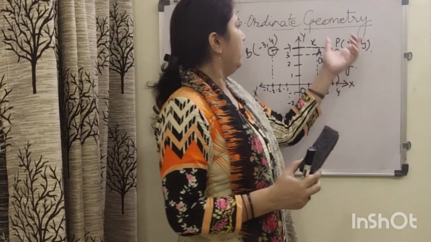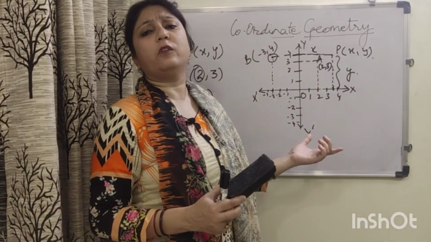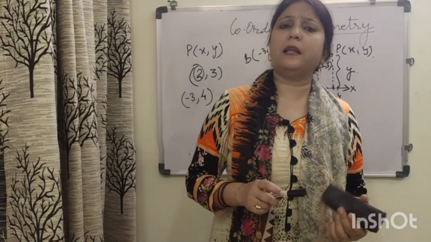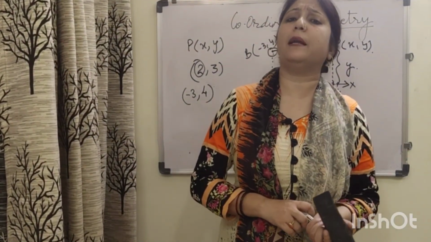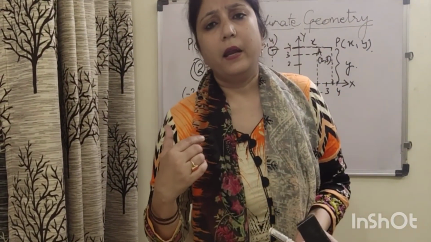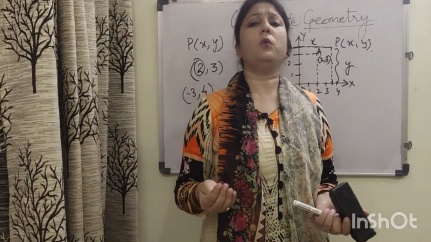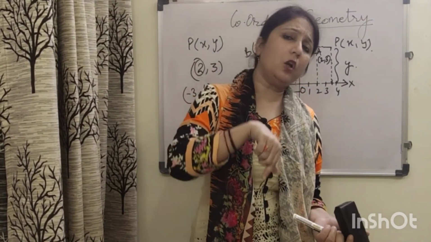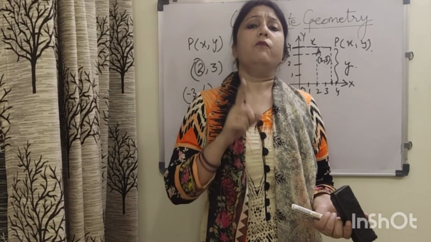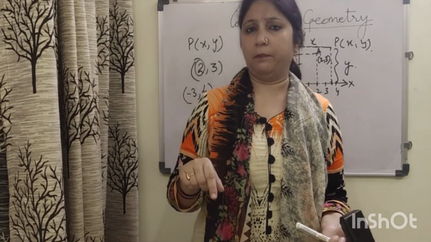Coming to this rectangular axis system, we can see that these two mutually perpendicular lines have divided the Cartesian plane into 4 quadrants moving in anti-clockwise direction. First, second, third, fourth we named.